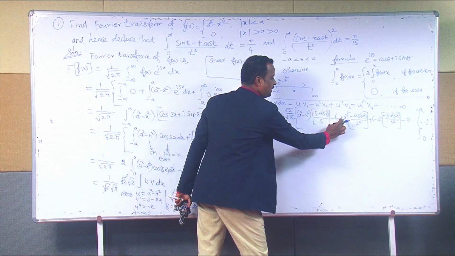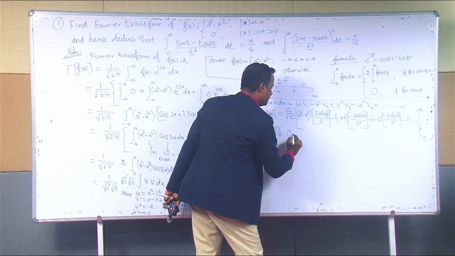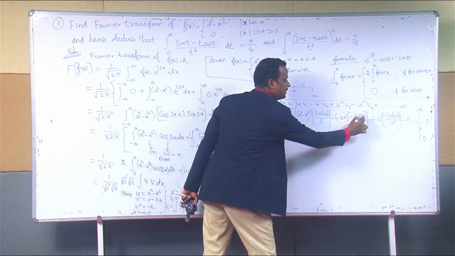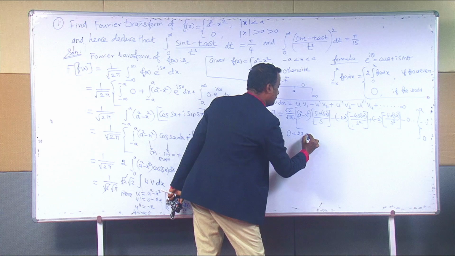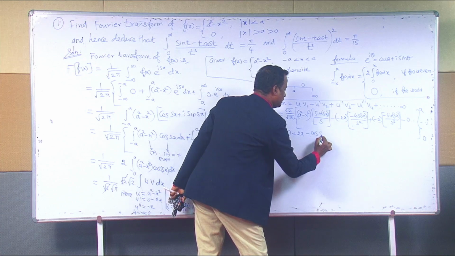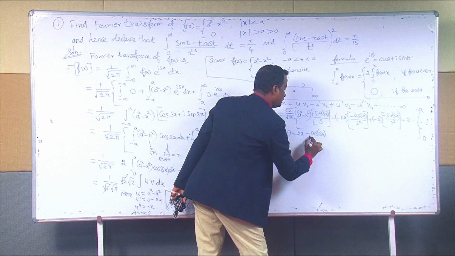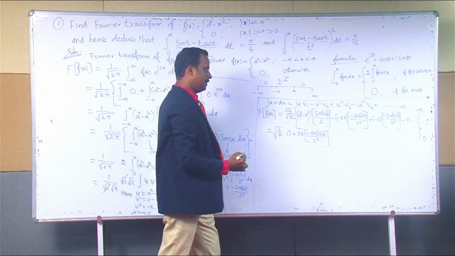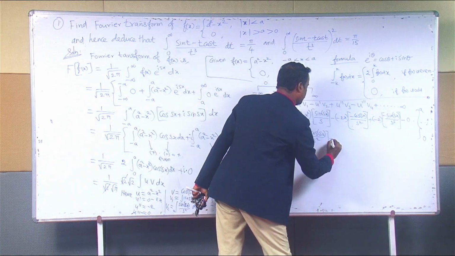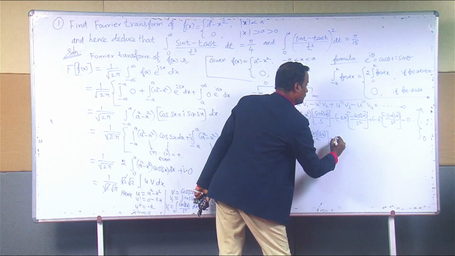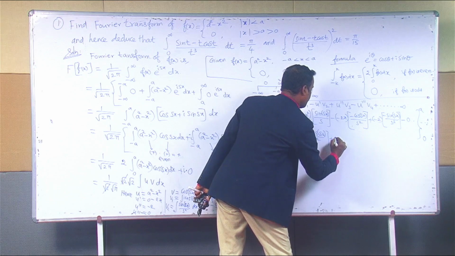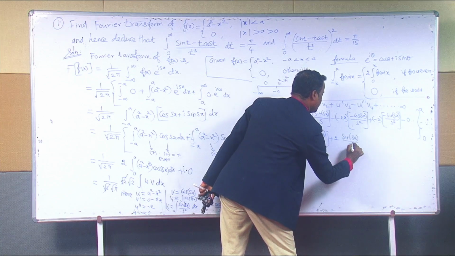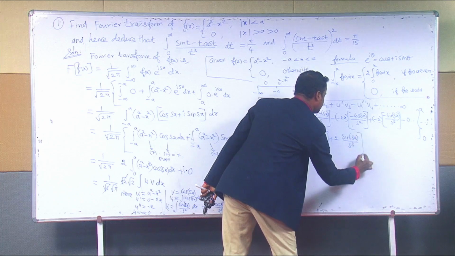And here, minus into minus gives plus, 2 into a, 2a, and sin sx we write as minus cos sa divided by s square. And in the third step, plus 2 sin sa divided by s cube. This is the upper limit.